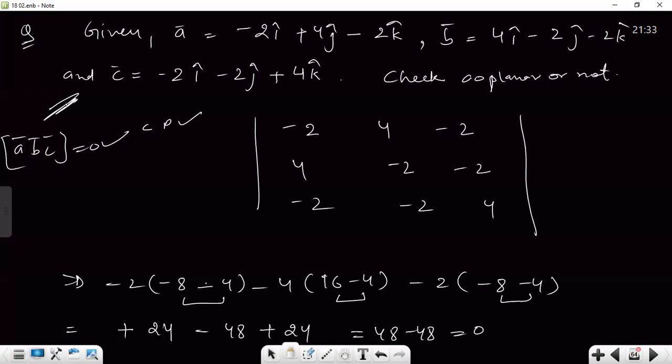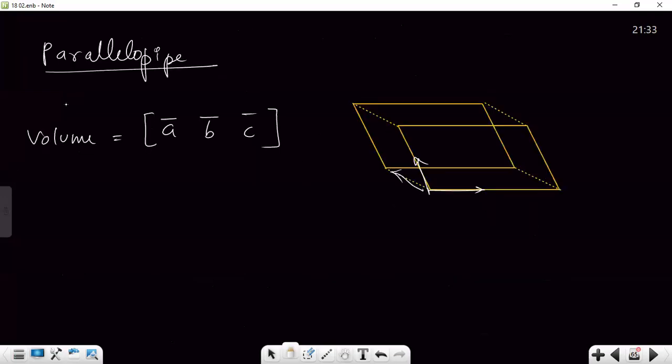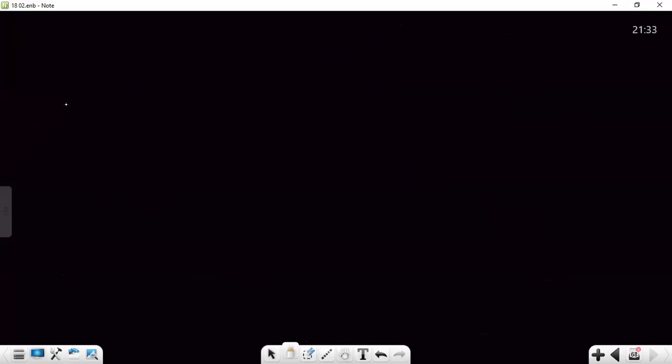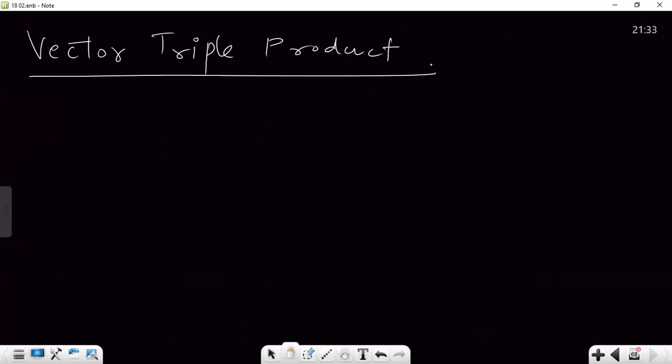Now let's discuss the vector triple product. So product of three vectors, but the result this time will be a vector quantity.